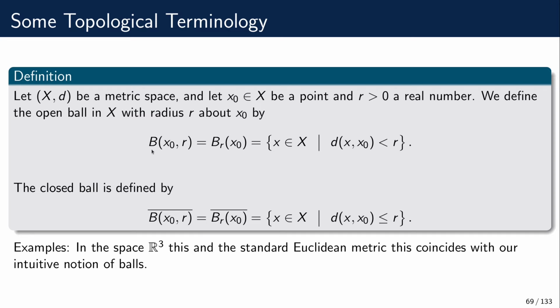It turns out that this is our basic open set. It's our measurement of being open, in a sense that we'll see. And when we take all the points with the boundary points, including the points whose distance from x0 is exactly r, this is called the closed ball. And those are two very important examples of what we call in topology, or in mathematics, open sets and closed sets.